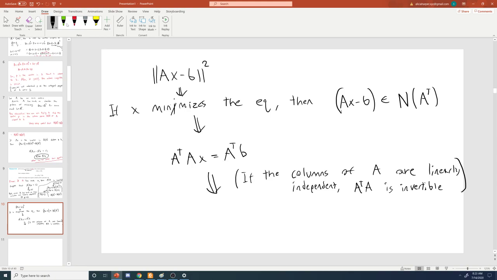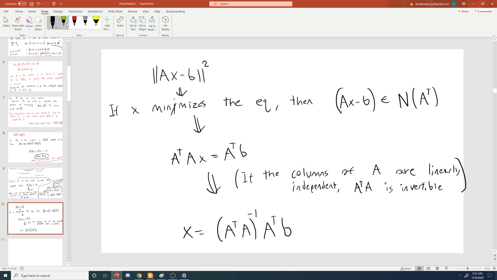Which in turn implies that x is equal to the inverse of A transpose A multiplied by A transpose b.